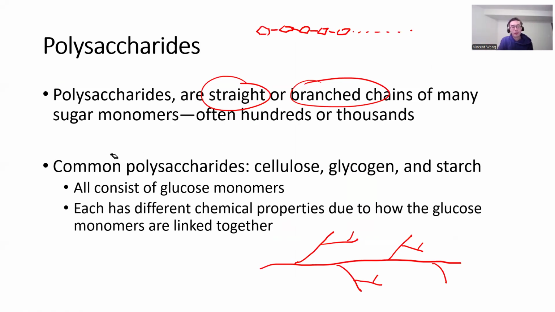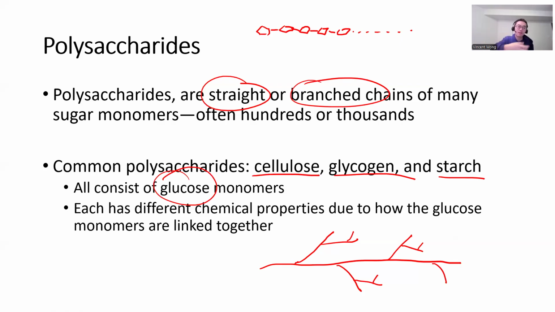I'm going to go through a few common polysaccharides with you: cellulose, glycogen, and starch. These are all polymers that are made up of just glucose. They are glucose connected together, but in different configurations.